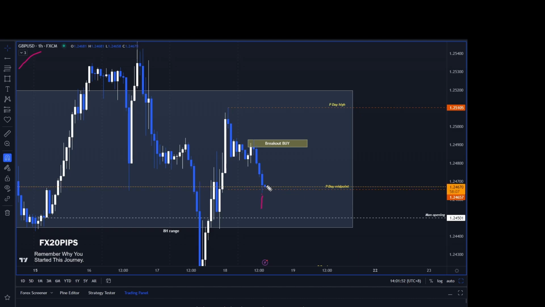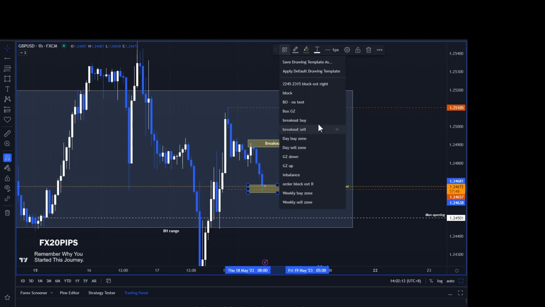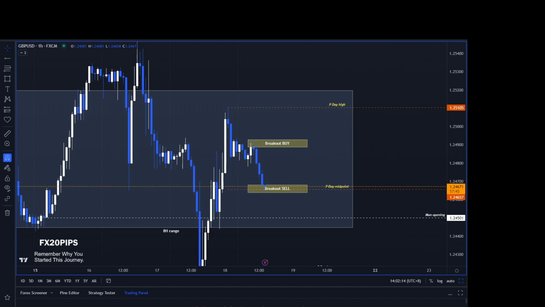Right now Frankfurt has opened, so what you can do is draw a sell zone here. I'll show you. I put it here and here, and then I will call it a sell zone.